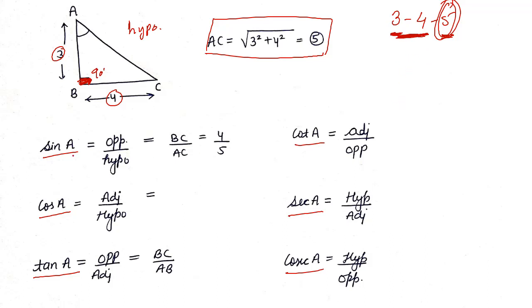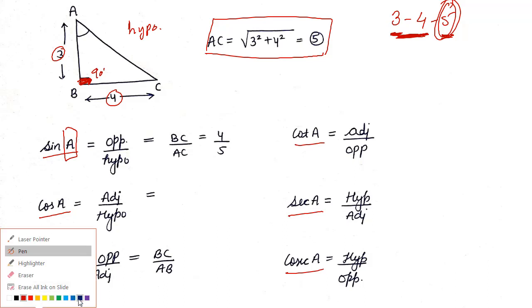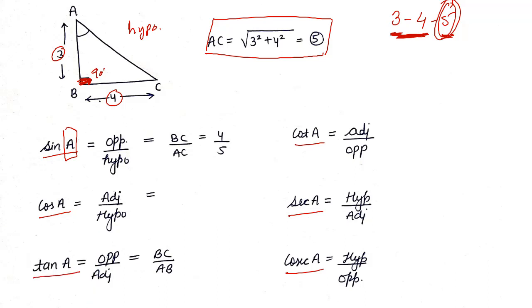Now let us see how we can find the value of sine A. We are defining everything with respect to angle A. With respect to this angle, this side will be known as the opposite side and this side will be known as the adjacent side.